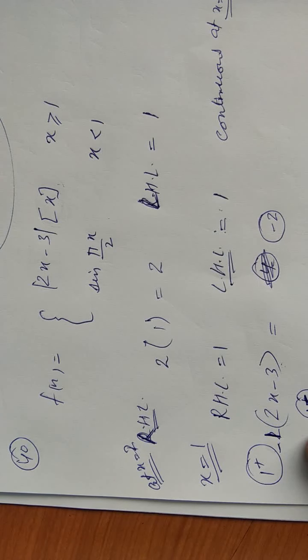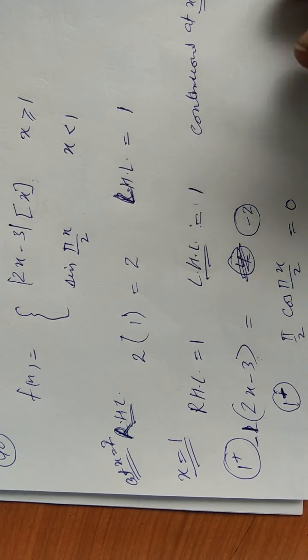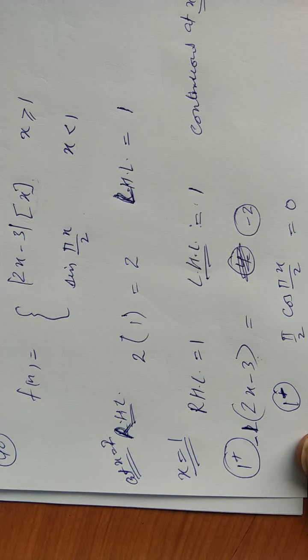Okay, and at 1 negative we can calculate the slope from over here. Differentiate this: this would be cos pi x by 2 times pi by 2, and at x tending to 1 this would be equal to 0. Okay, so RHD and LHD are not equal, so the function is not differentiable at x is equal to 1. Okay, moving on to the next question, question number 42.